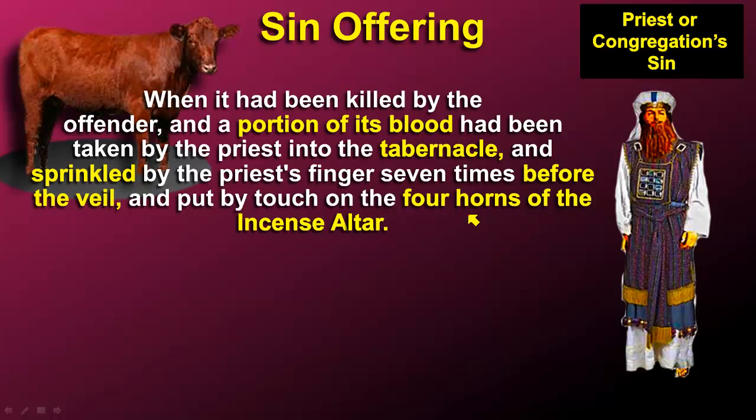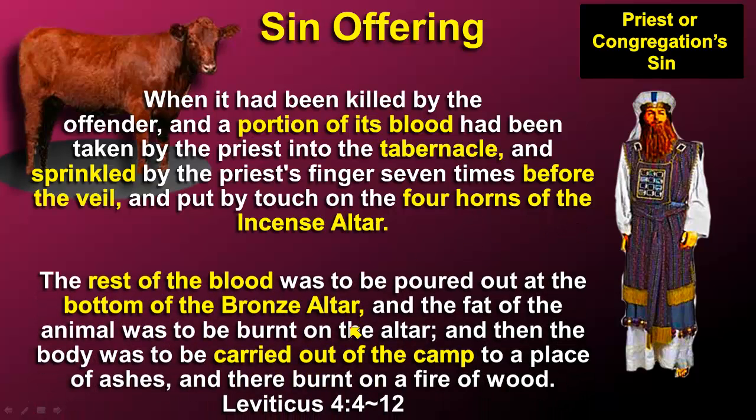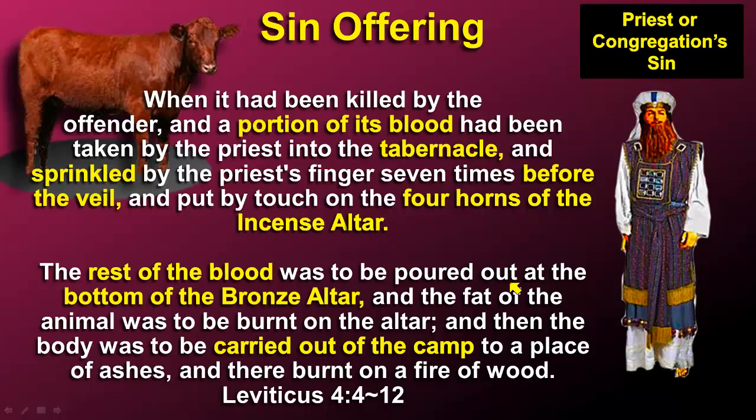So it's a little different process here. Then the rest of the blood was to be poured out at the bottom of the bronze altar. That's where they always poured the remainder of the blood. And the fat of the animal was to be burnt on the altar, and then the body was to be carried out of the camp to a place of ashes, and there burnt on a fire of wood. So it was not to be burnt on the altar of burnt offering.